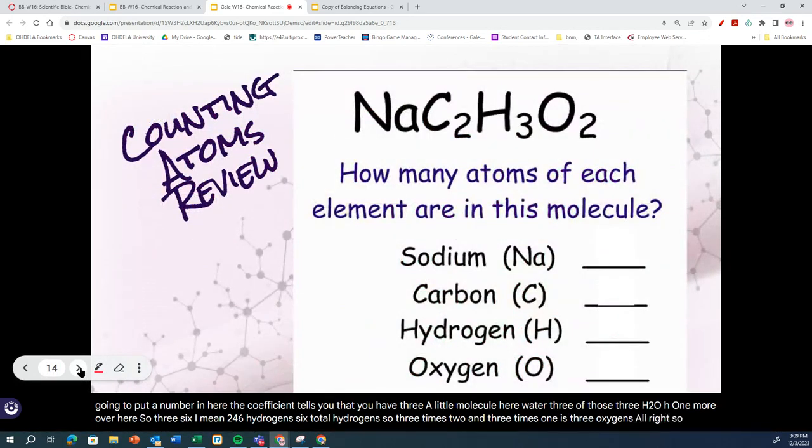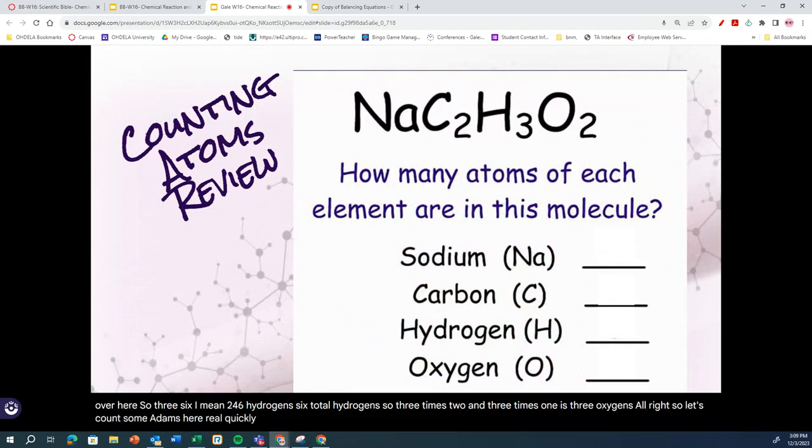All right, so let's count some atoms here real quickly. Na, C2H3O2. So Na, put a 1 there just to remind me there is 1. Na. Carbon is 2. Hydrogen, 3. And oxygen, 2.